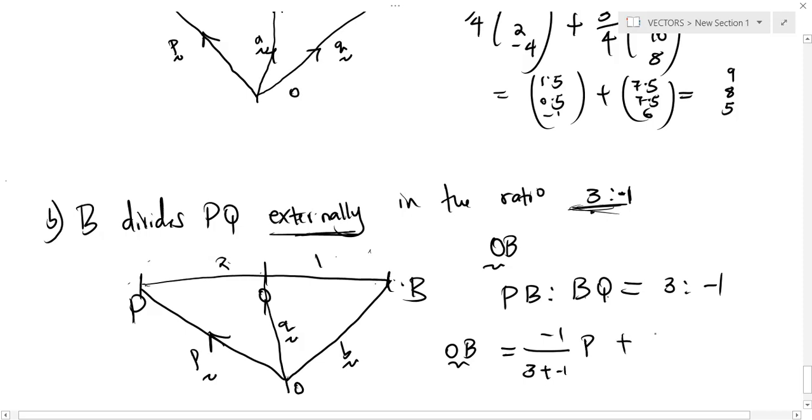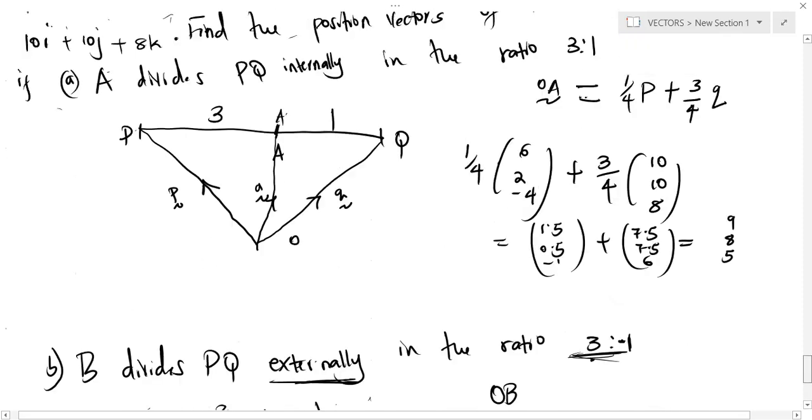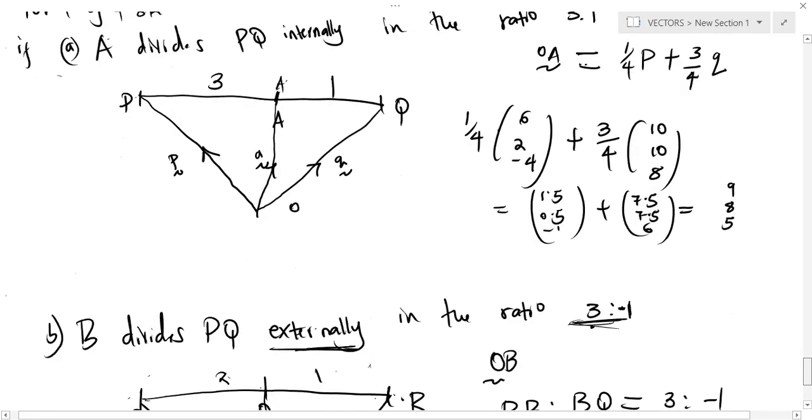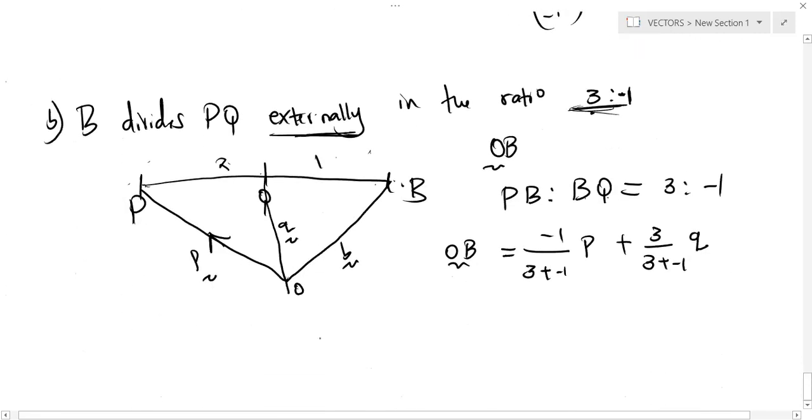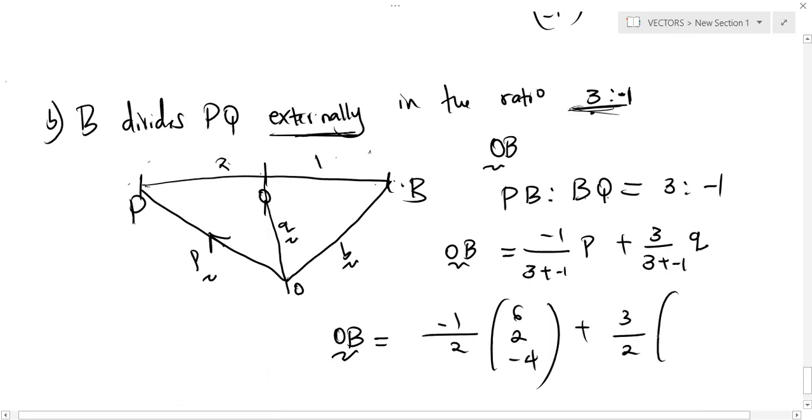And then plus 3 over 3 plus -1 of Q. Okay, let's replace the values of Q and P. So here are the values of P and Q. So replacing that, this will give us OB is equal to -1 over 2. The values of P are 6, 2, minus 4, plus 3 over 2. The values of Q are 10, 10, and 8.